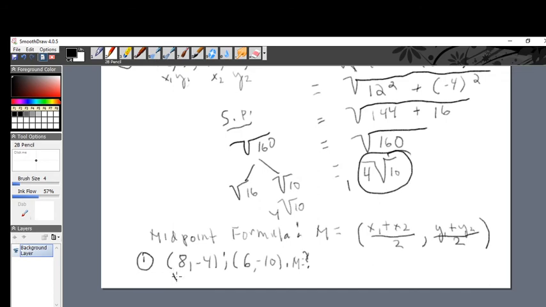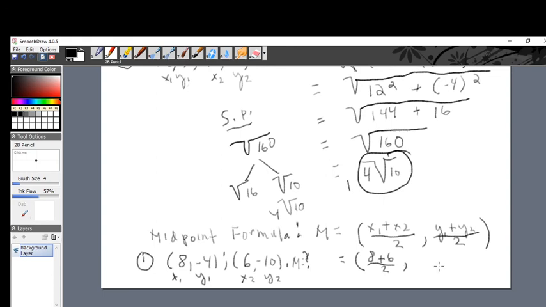Call 8 x1 and -4 y1, just like we did before. This is x2 and y2. And now let's follow the instructions of the formula. The formula says take x1, which is 8, add to that x2, which is 6, and divide by 2.